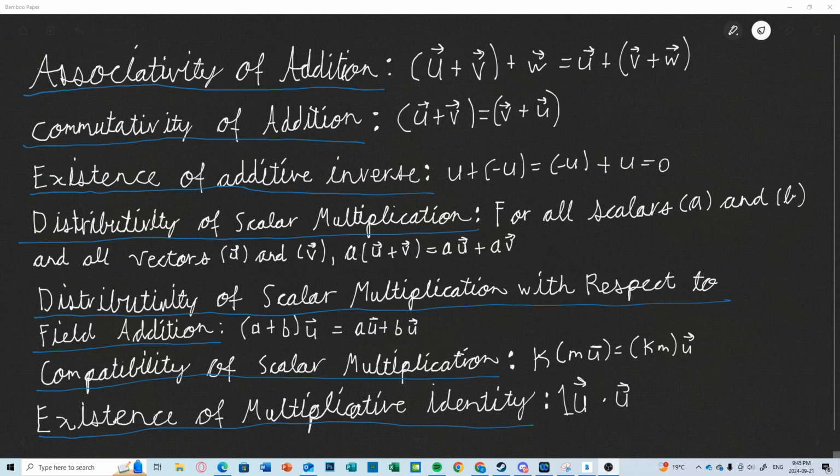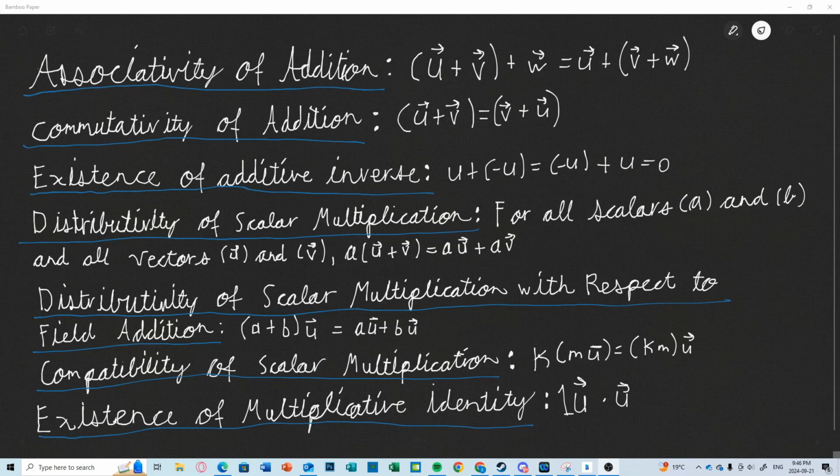And next up is the commutativity of addition, which states that the vector u plus the vector v is equal to the vector v plus the vector u, which means that the order of how you add your vectors shouldn't matter.